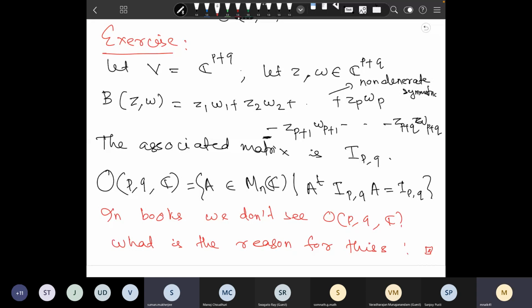Apart from these groups and orthogonal groups, SU(p,q), U(p,q), those groups which I know, I cannot really produce some weird example of pseudo-algebraic groups.